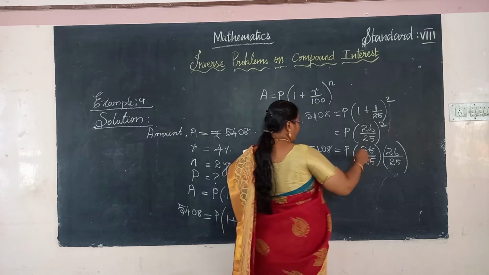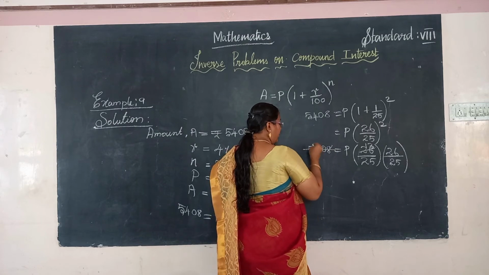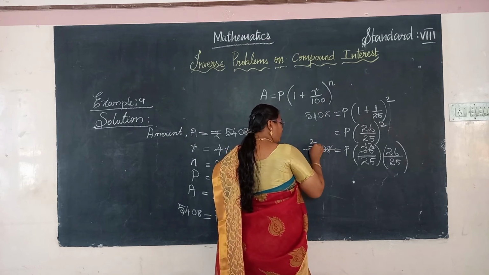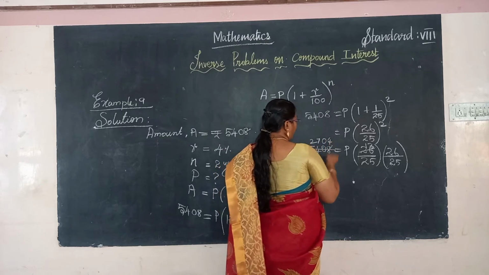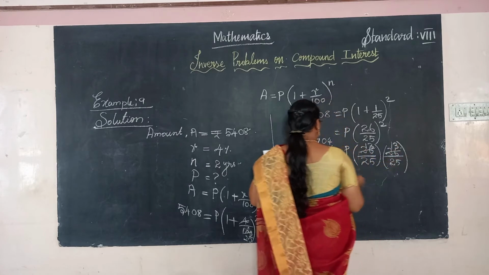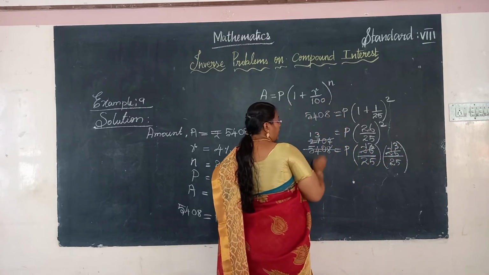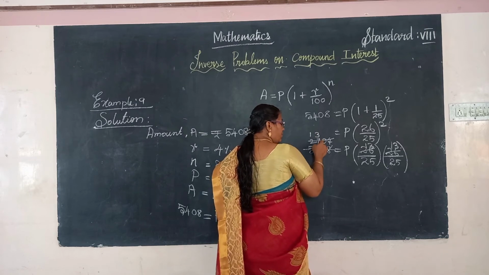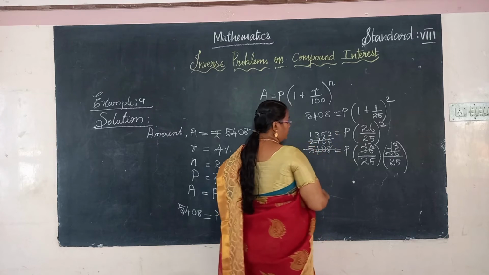Then we will cancel in the 2 table. First 13, it also cancels in the 2 table. 2 2s are 4, remaining 1, 2 7s are 4. Again cancel in the 2 table. 13, here 1, 2 3s are 6, remaining 1, 10, 5, 2.